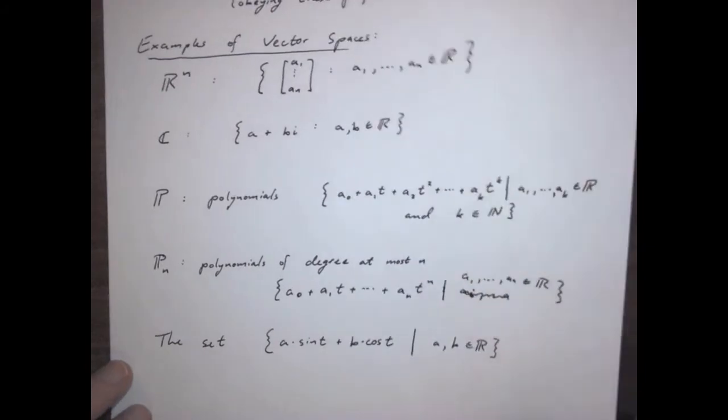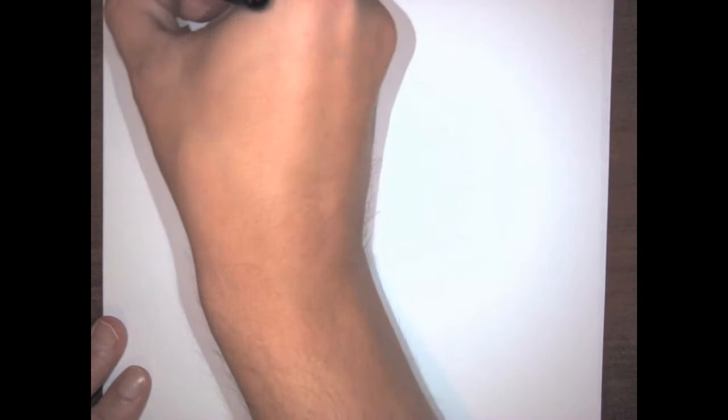And now let's look at some sets that are not vector spaces. So here we will always try to find a property that fails.